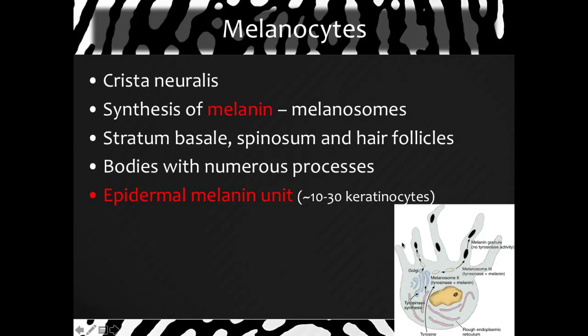So these cells usually rest near the basal lamina. Note that they are not connected to the adjacent keratinocytes. They are only connected to the basal lamina. And they have pretty long and numerous processes.